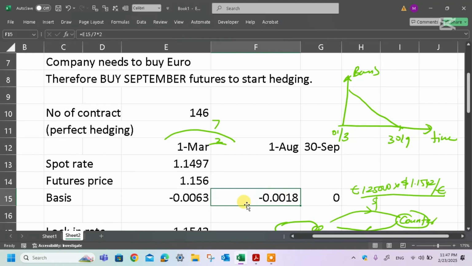So now I need to check whether this 18 basis points, the unexpired basis of 18, this assumption, is right or not based on the new information I have. If this was right, then my workings for futures will still be the same as part A. Suppose based on the new information I have on 1st of August, the basis is not 18 points, if it is more or less than 18 points, then my working in part A is not perfect.